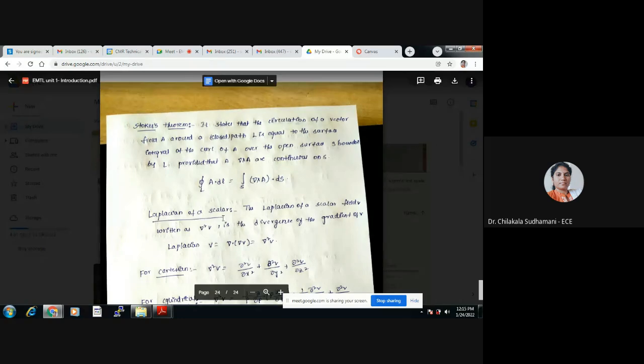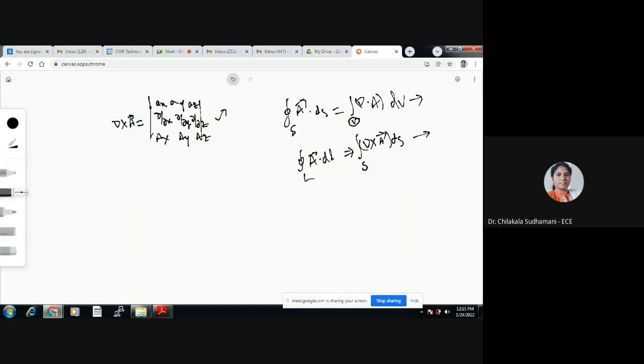Then what is the Laplacian? We consider the single operator del dot applied to scalar V and vector A bar. And similarly we consider the cross operation, that is the curl operation of these two. And what is the other one we are considering?